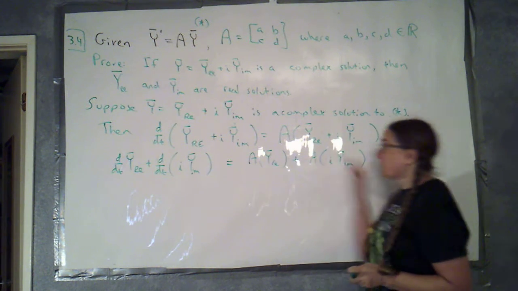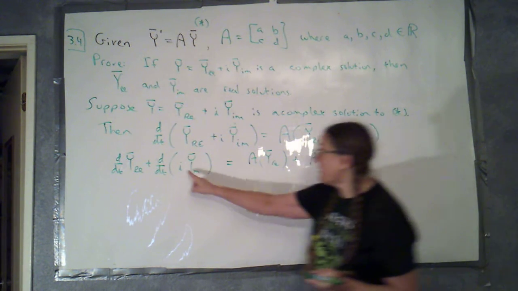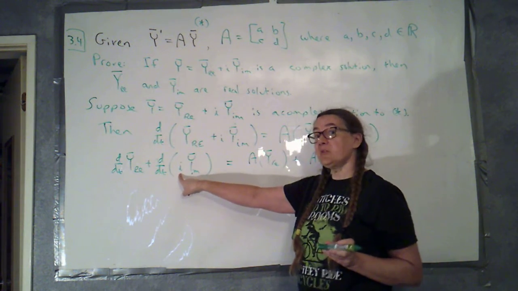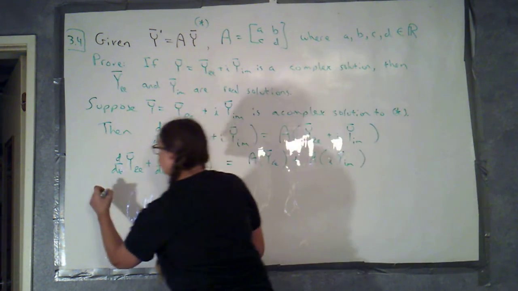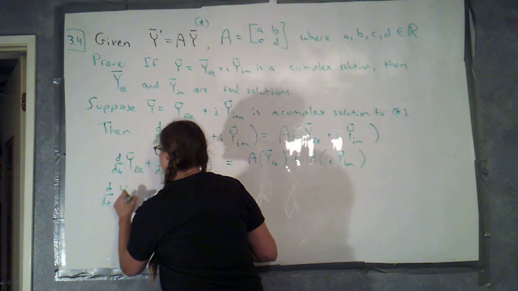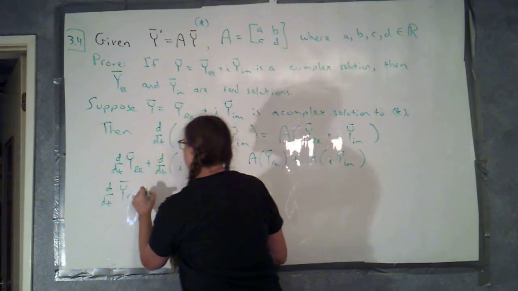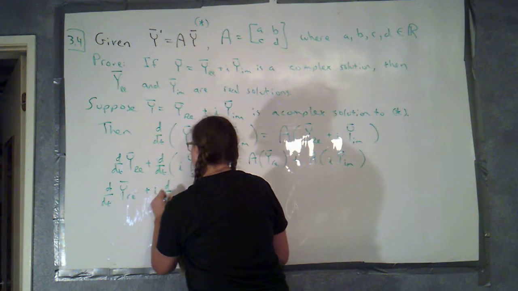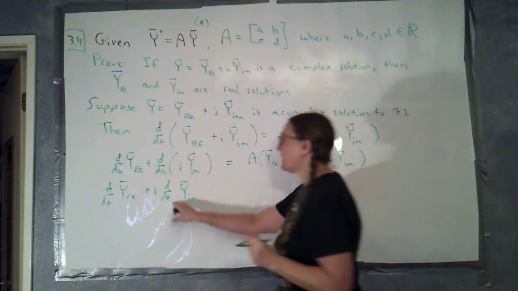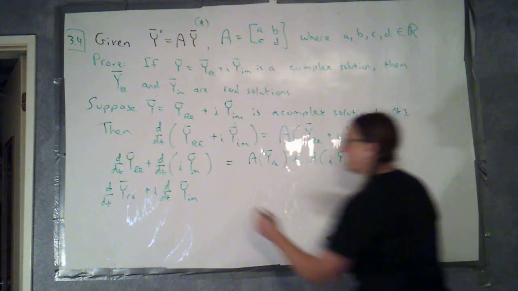Now, what I'm going to do on the left and right side is fairly similar. I'm going to pull that scalar of i out. Over here on this side, I'm using the constant multiple rule for derivatives. So this is the derivative of the real part plus i times the derivative of the imaginary part.